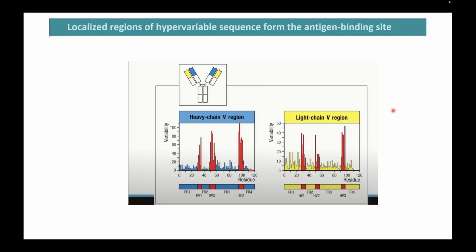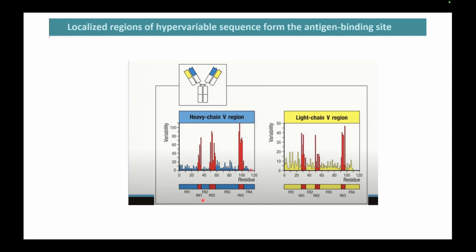So this is the constant chain and the variable chain, both. This is the variable region of the heavy chain and the light chain. Here you can see the variability: if this is the heavy chain variable region, in this entire peptide there are regions with high variability.